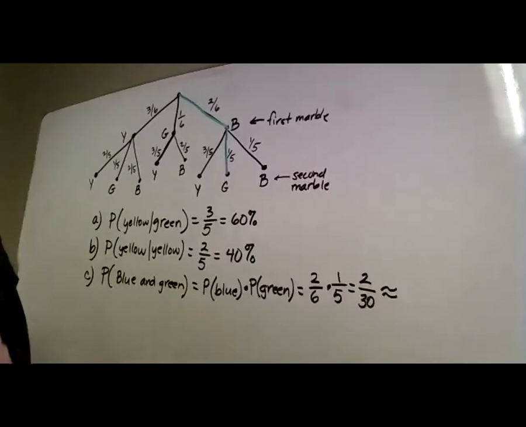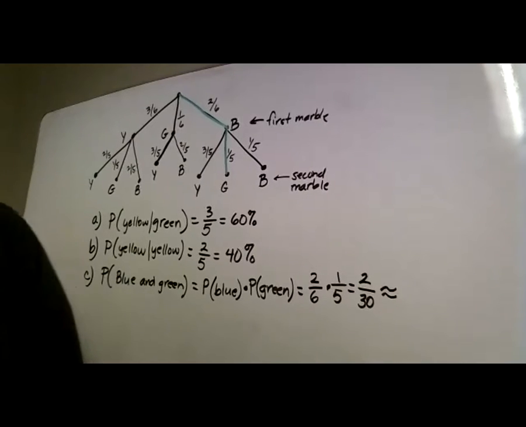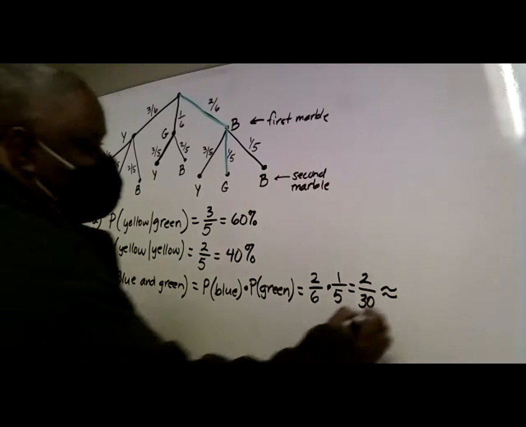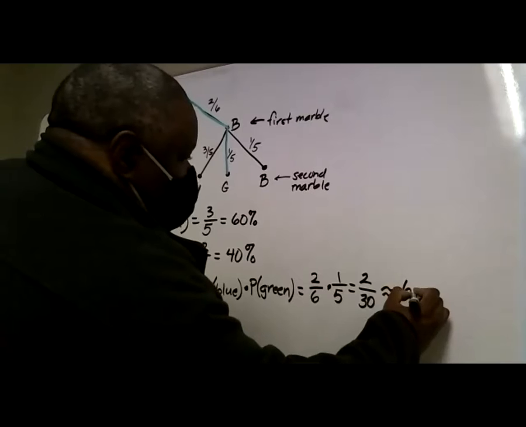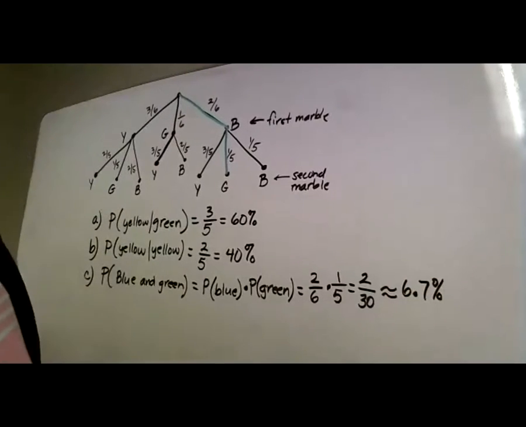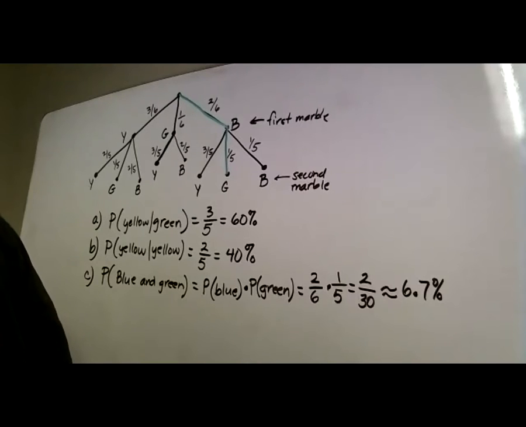And then as a percent, 2 divided by 30 times 100. 6.7. Okay, so to 1 decimal place it would be approximately 6.7%. So in this case, the probability that the first marble is blue and the second marble is green is 6.7%.